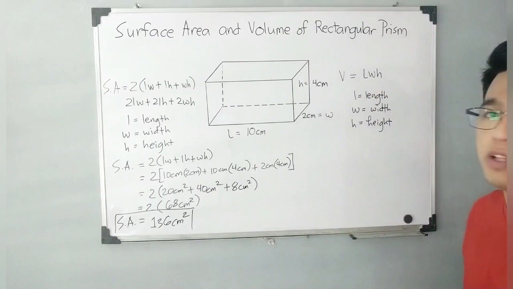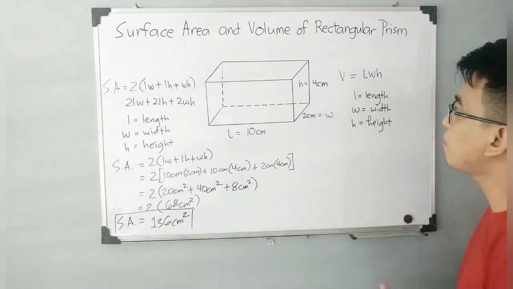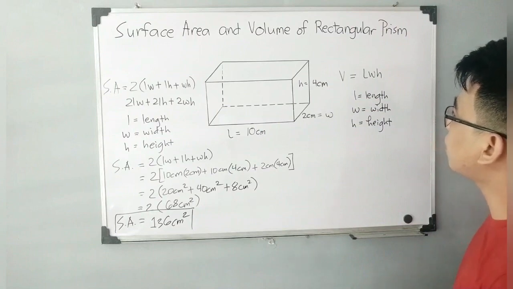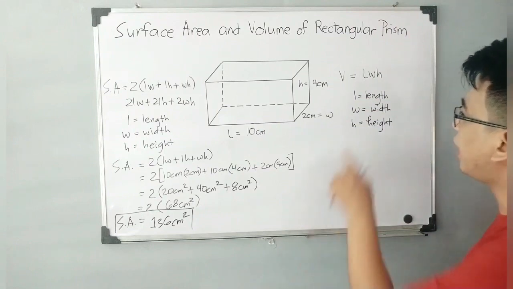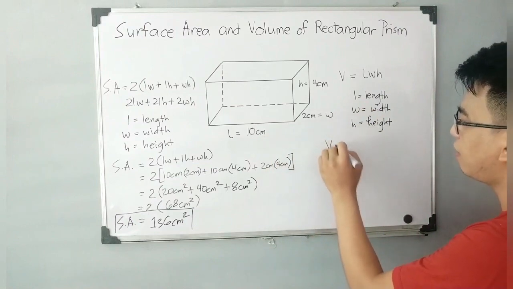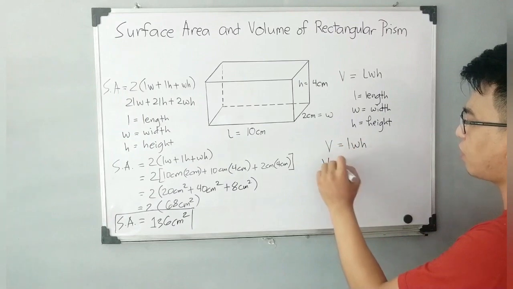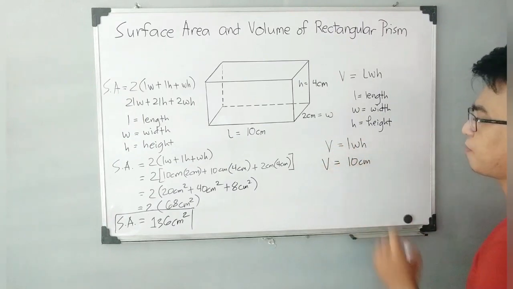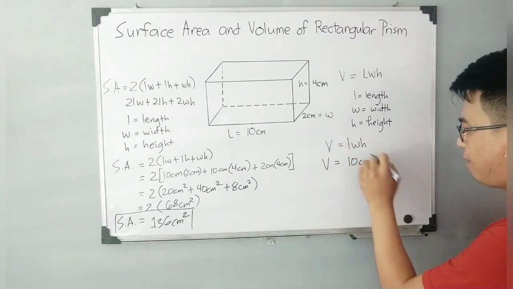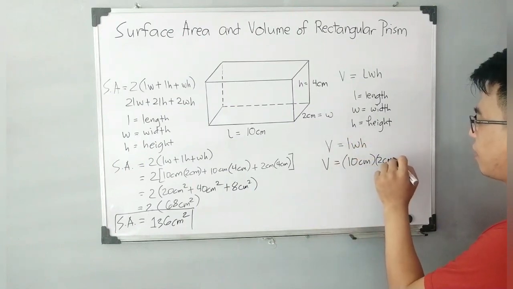So, let's move on with the volume. For the volume naman, mas maiksi yung solution natin dito. We have volume is equal to length times width times height, wherein your length is equal to 10. So V is equal to 10 centimeters times your width, which is 2 centimeters.